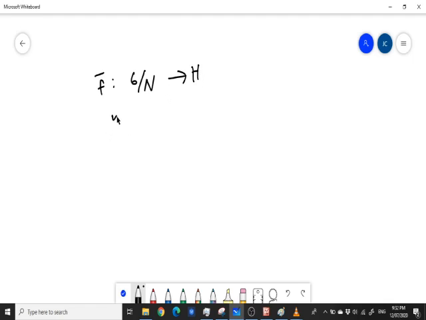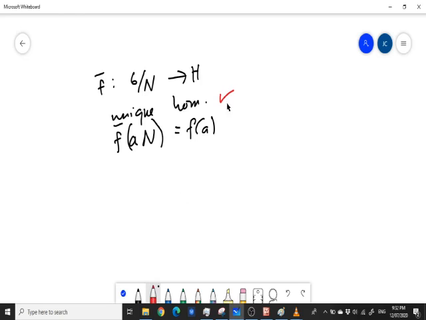This is a unique homomorphism defined by f bar of an equals f of a, that is already shown, and the image of f bar equals the image of f, that is already shown.